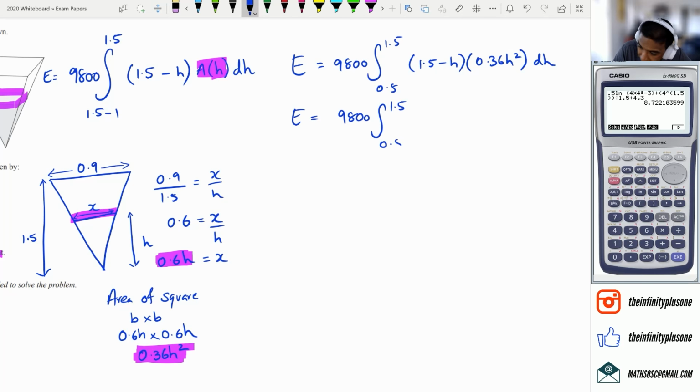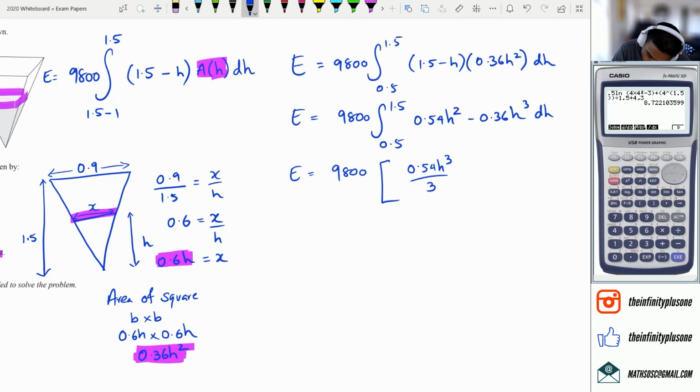So we're going to get 1.5 times 0.36, 0.54h squared minus 0.36h cubed dh. So E is equal to 9,800 and in the bracket 0.54h cubed over 3 minus 0.36h to the power of 4 over 4, and that's between 1.5 and 0.5.